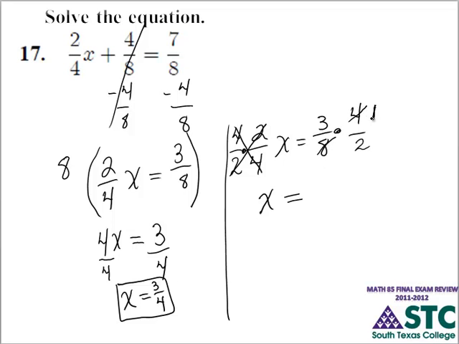We would be left with 1 here, and 8 divided by 4 is 2. 3 times 1 is 3, and 2 times 2 is 4. So x would be equal to 3/4, which again is the same answer obtained in the first method.